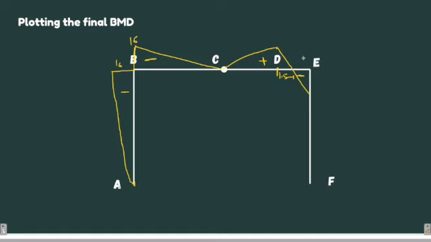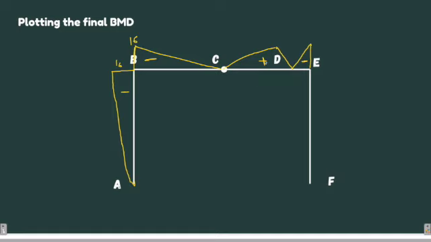Alternatively, we can also draw like this, with a negative sign over here. Both are correct. Since I am drawing for the outer region of the frame, I prefer to draw it like this, which means for the outer portion of the frame there is a positive sign.